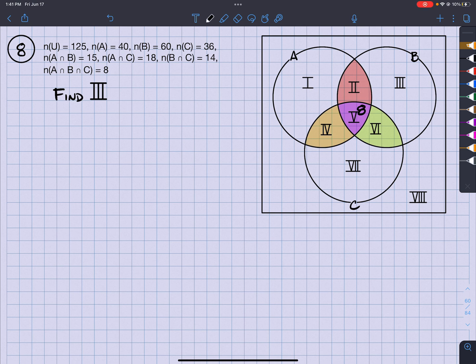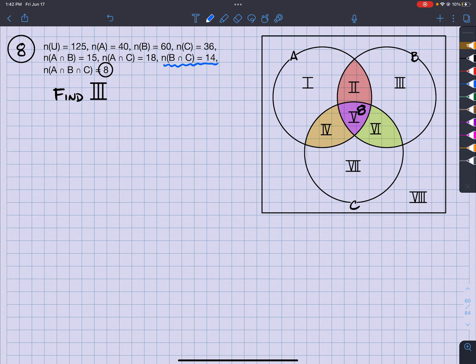So essentially, it's probably better off that I worked backwards, right? So I dealt with the 8 part. Okay, if that's the case, now I can go back and say, okay, let's look at the B and C. Actually, let me use different colors now. The B intersect C is 14, right?